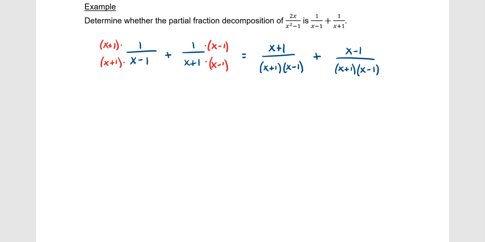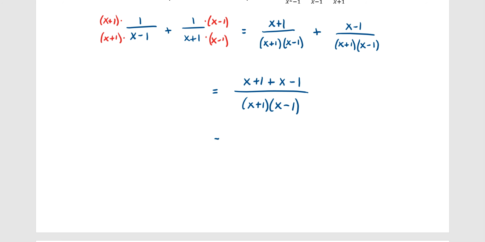And we can go ahead now and combine these fractions into one fraction because they have a common denominator. So that's going to be x plus 1 plus x minus 1 over x plus 1 times x minus 1. And the 1's are going to cancel in the numerator.